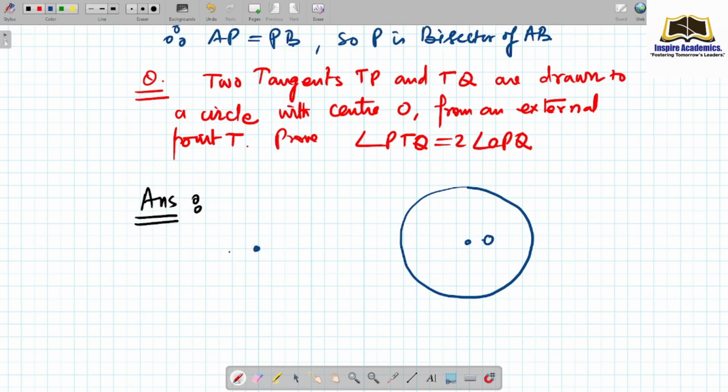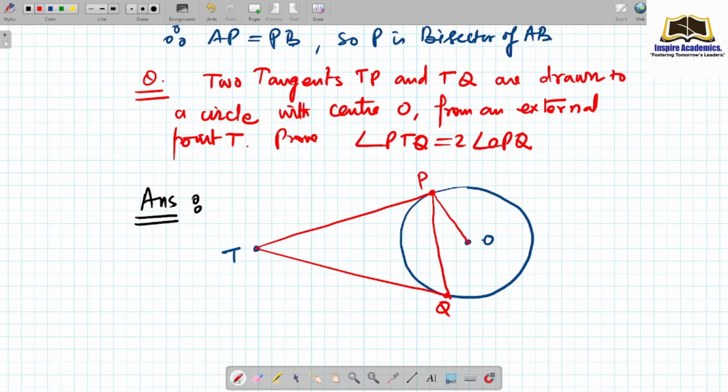Let's say this is T, and from this T a line TP, which is a tangent touching at P on the circle, and then also TQ is drawn, and then we can possibly join PO as well as PQ.